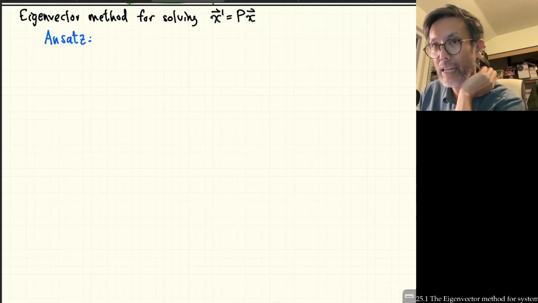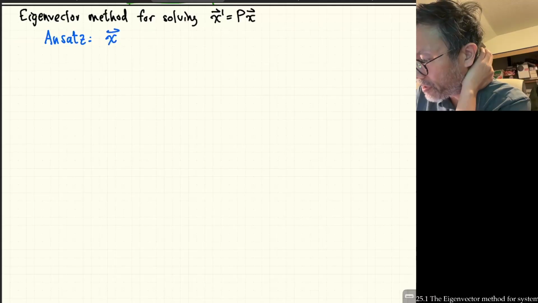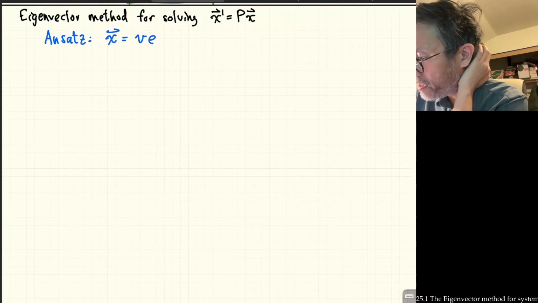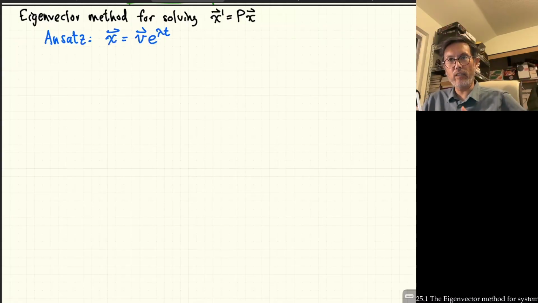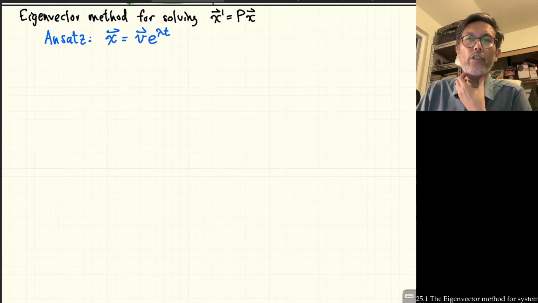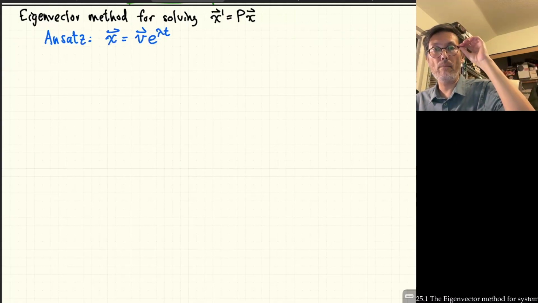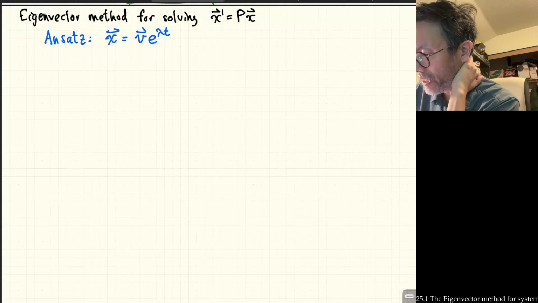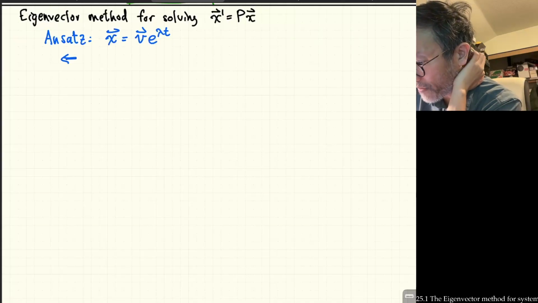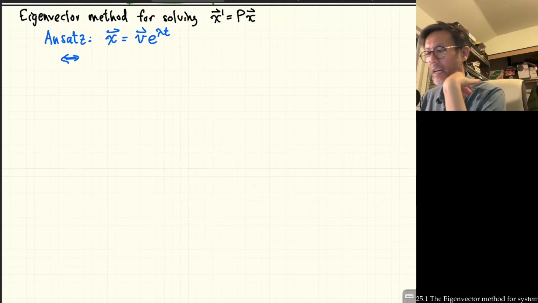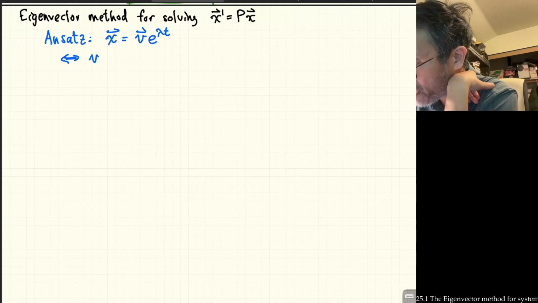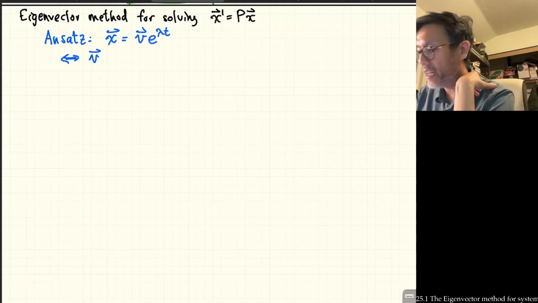The ansatz, the guess that we make, is that x looks like v e to the lambda t. Our solution looks like some vector v times the function e to the lambda t for some value lambda. And what this ends up telling us, you can work it out, is that v ends up being an eigenvector.